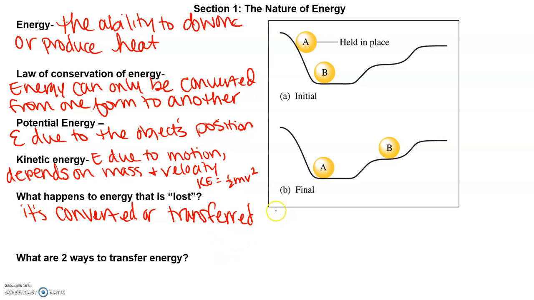And the two ways that energy can be transferred are two things we've already talked about: either through heat or work. And we'll talk about both of them here in a second.